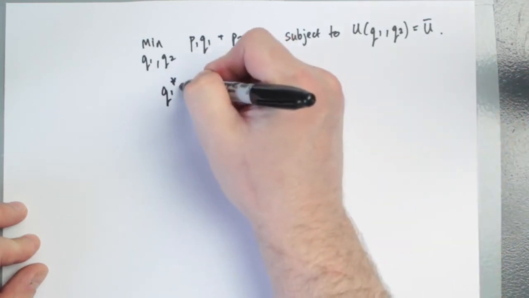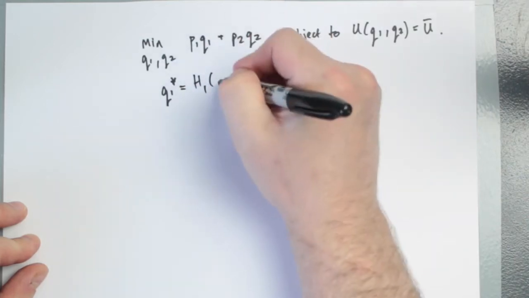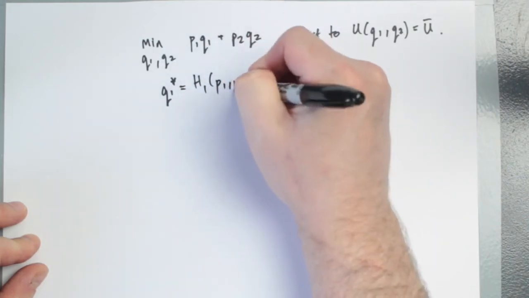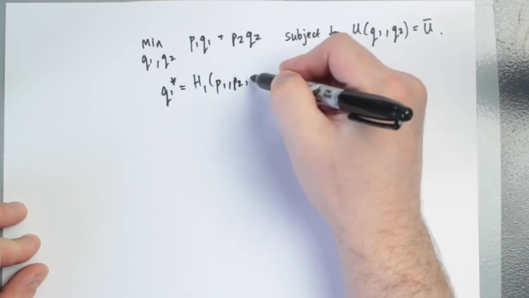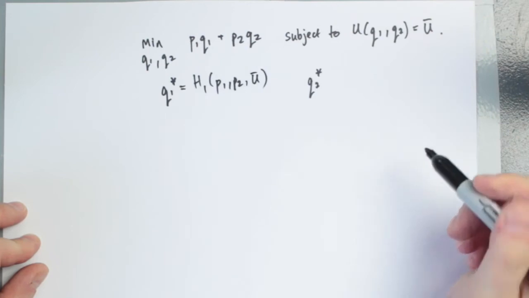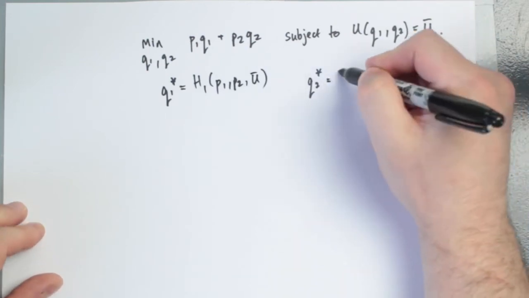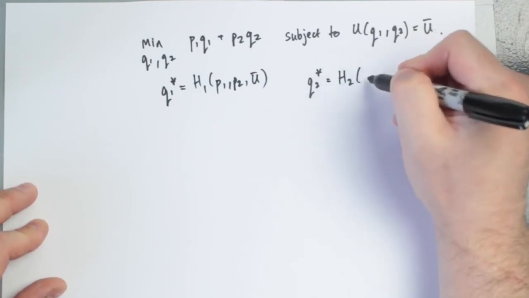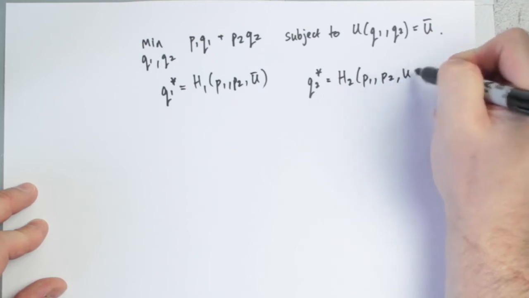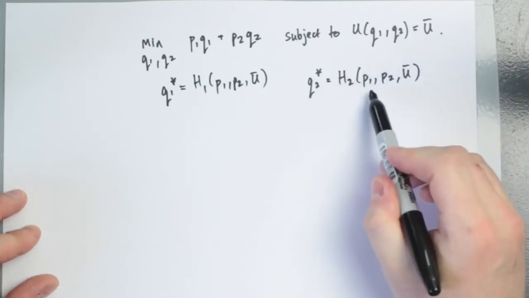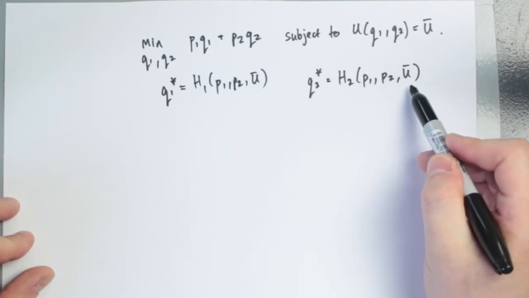Now we could write these in terms of Hicksian demand functions. So the Hicksian demand function H1 for good 1 depends on the prices of both goods and depends on that target level of utility. For Q2, we could write the Hicksian compensated demand function, which is a function of the price of good 1, the price of good 2, and the target level of utility.